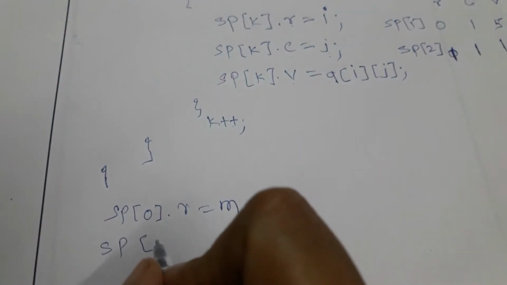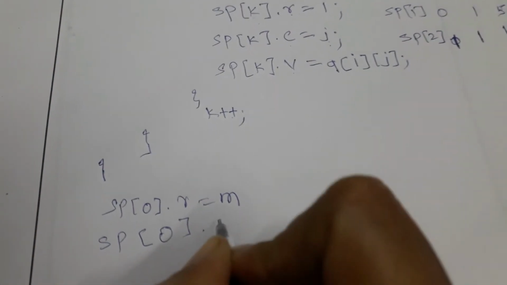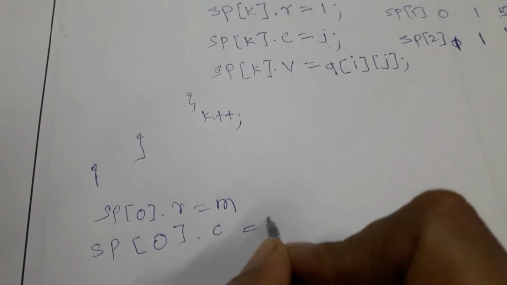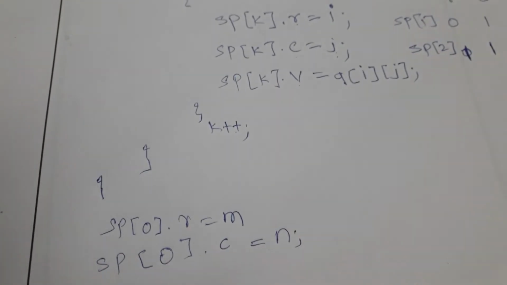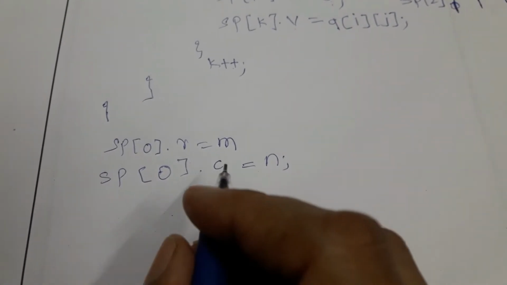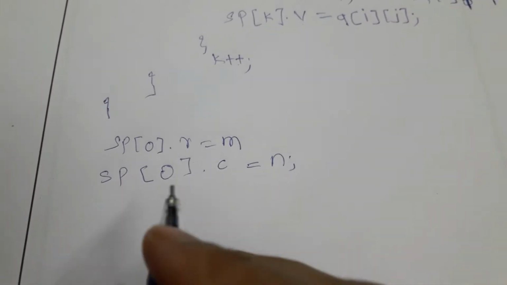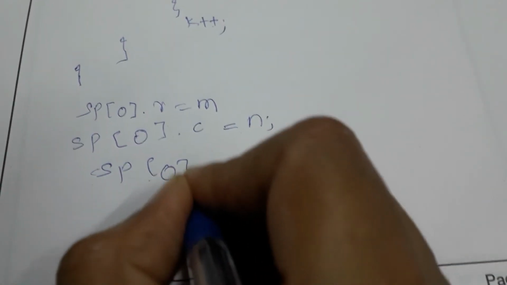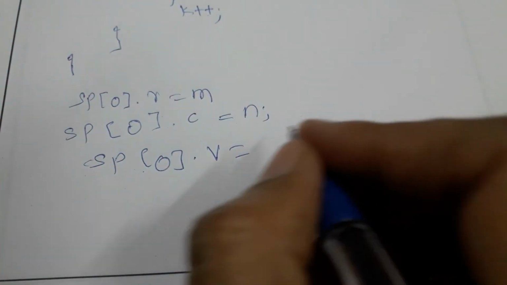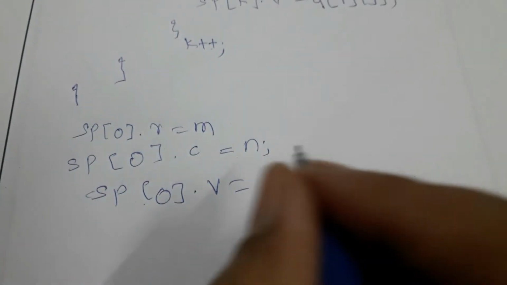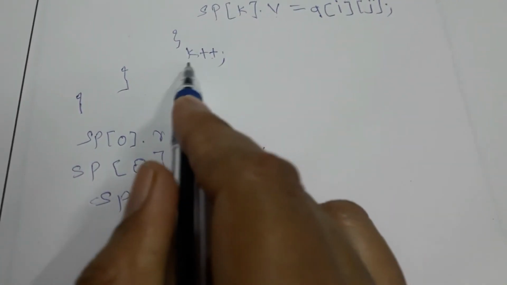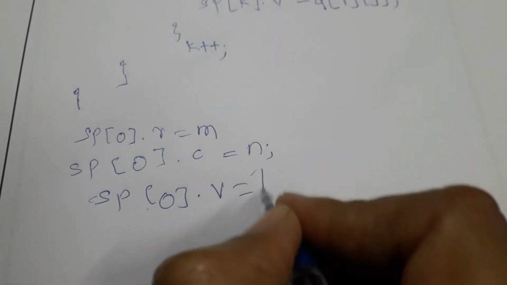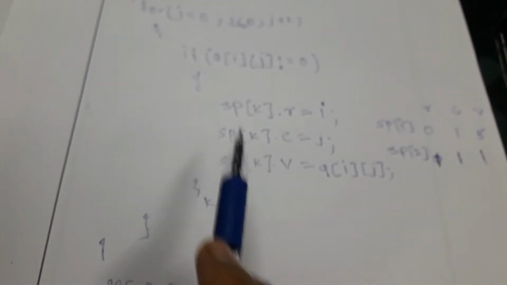Then SP of 0 dot c is equal to n, that is the number of columns in your sparse matrix. Then SP of 0 dot v is equal to the number of non-zero values, which you will take from this k value. So this is k minus 1.